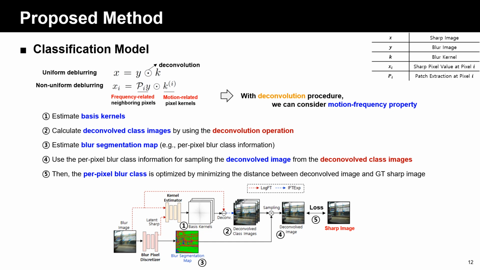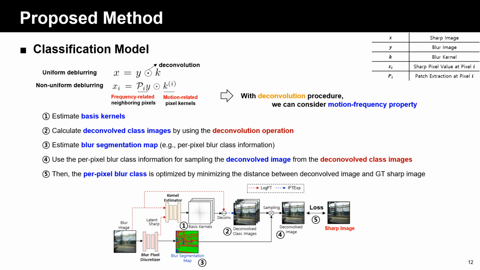Now we have the blur segmentation map and deconvolved class images. Using the blur segmentation map, we perform a pixel-wise sampling from the deconvolved class images to subsequently estimate the deconvolved image indicated as number 4. Finally, the blur segmentation map, like per pixel blur class map, is optimized by minimizing the distance between the deconvolved image and GT sharp image.